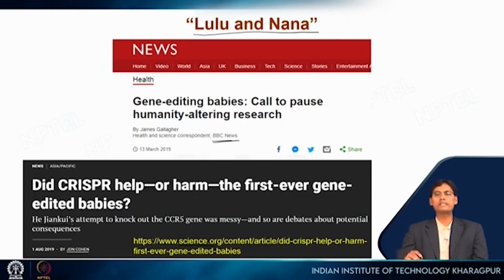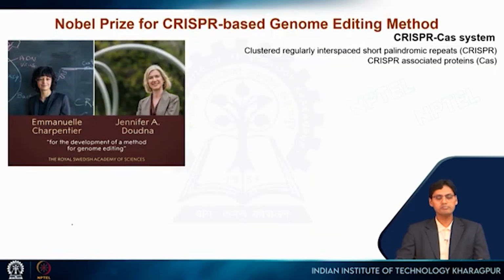Nowadays, many of us use this technique, CRISPR, in our day-to-day work in the lab, and it was used here also in this case. I would particularly like to mention that this is a very new technique. It was discovered only around 2012 to 2015.